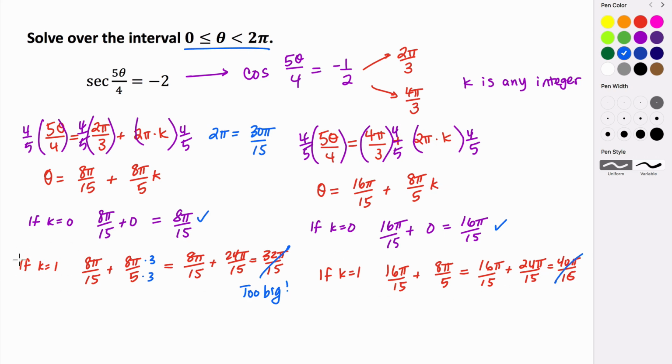There's no real need to look at larger k values, because if k equaling 1 is too large, then larger k will be even larger. So all of our solutions are theta equaling these two, 8 pi over 15 and 16 pi over 15. Those are the two solutions to this equation.